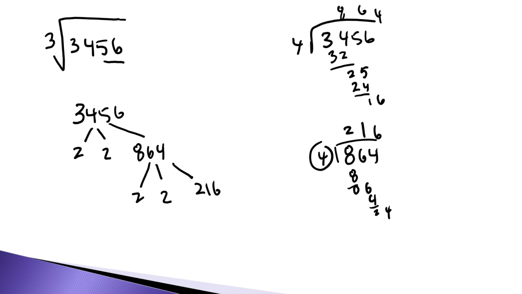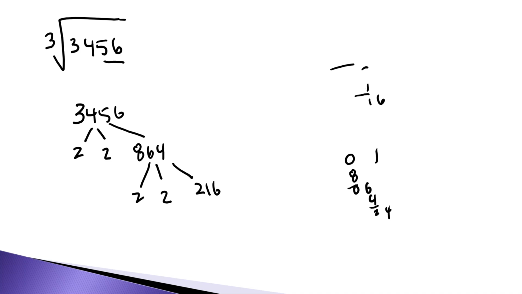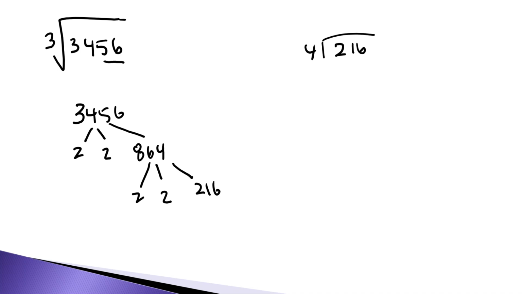And now it's getting a little bit easier to see what to do. 216 is also divisible by 4. Let me erase some of this so that we've got more space to work. 216 divided by 4: 4 goes into 21 5 times with a 16 and a 4.